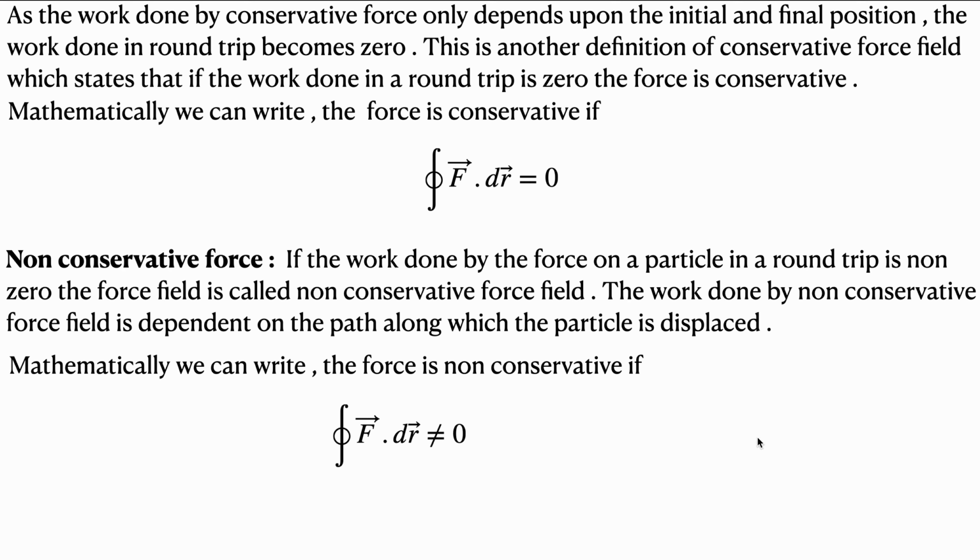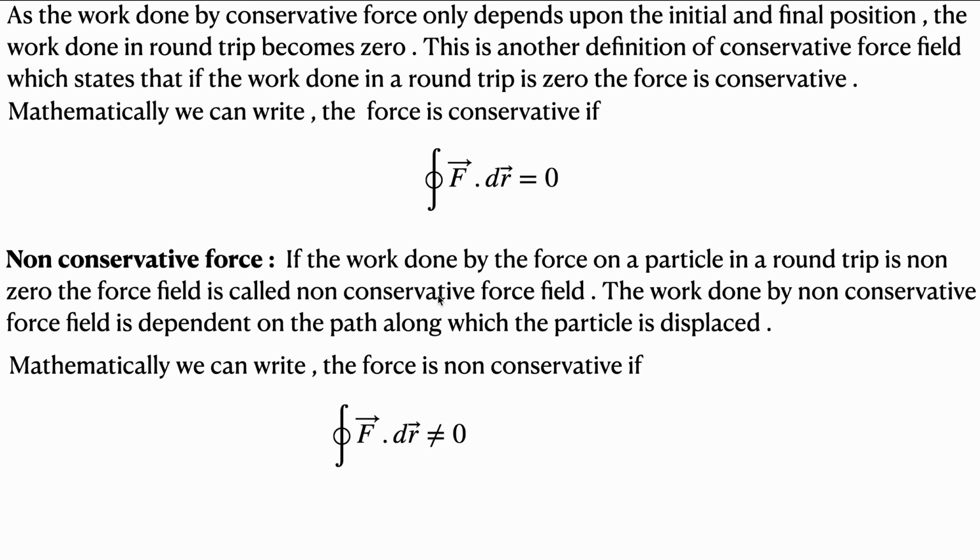As the work done by conservative force only depends on initial and final position, the work done in a round trip becomes zero. This is another definition of conservative force field, which states that if the work done in a round trip is zero, the force is conservative. Mathematically, we can write the force is conservative if the closed integral of F dot dr equals 0.